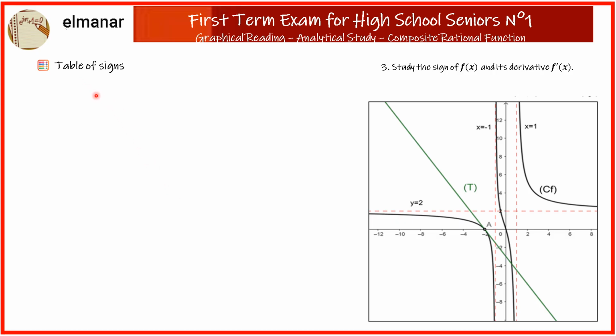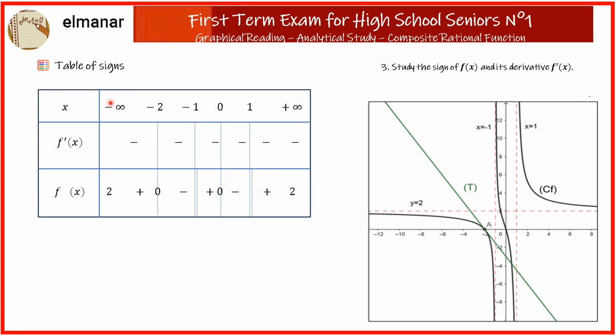Data and interpretation of the sign table. The table consists of 3 main rows, each offering a distinct perspective on how the function behaves across its domain. First row, variable values. This row presents the possible values of the variable x.